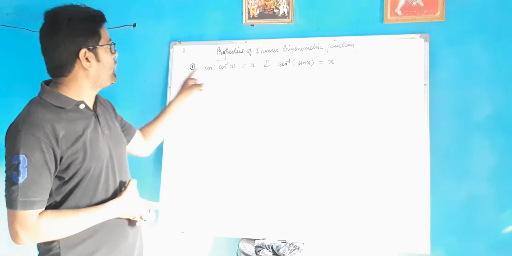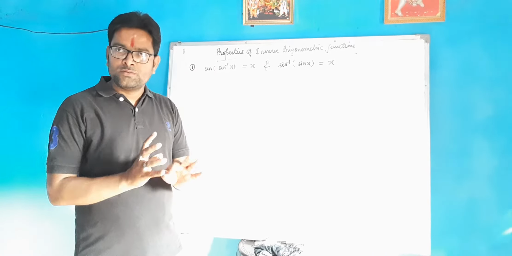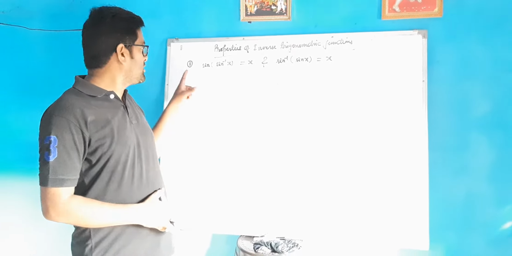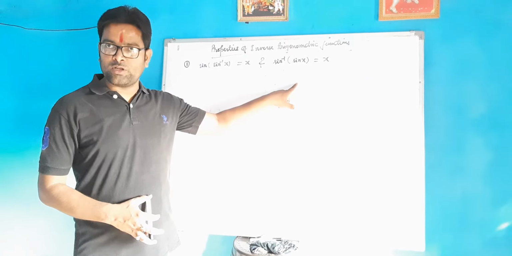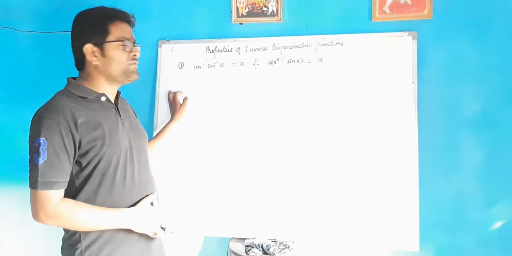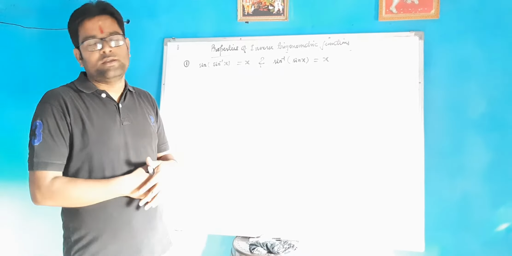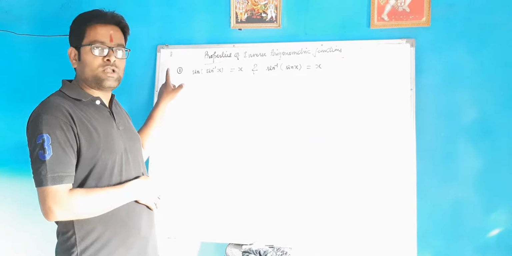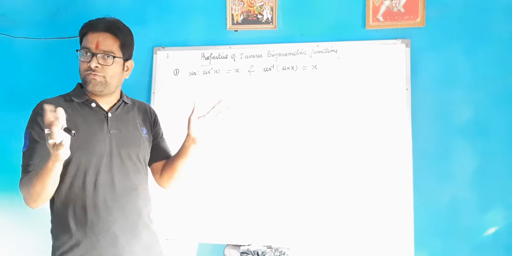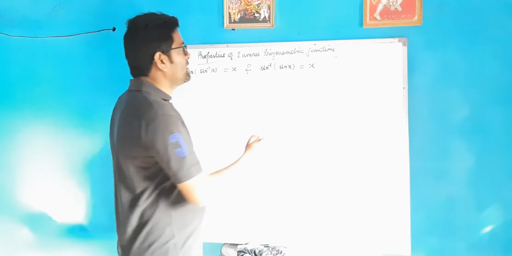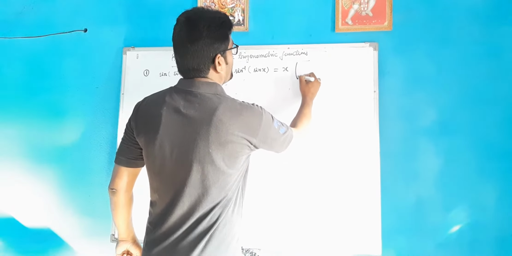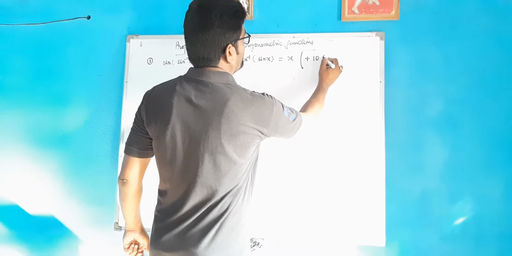Means one formula gives you 2 formulae here. In this way we can write 5 more, which will give you 10 formulae.